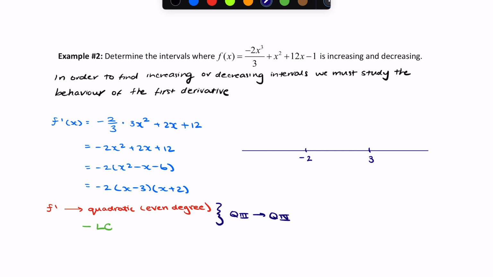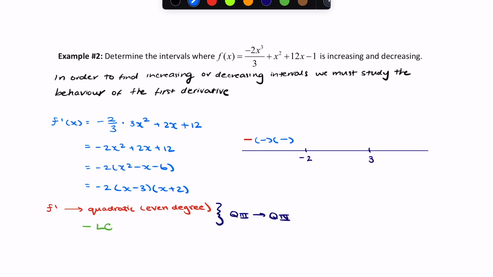Here, if we sub in a value that is less than negative 2, we see that the leading coefficient is negative. So if we sub in something like negative 4, negative 4 minus 3 will still give us a negative value, and negative 4 plus 2 will still give us negative. So negative times negative will give us positive.